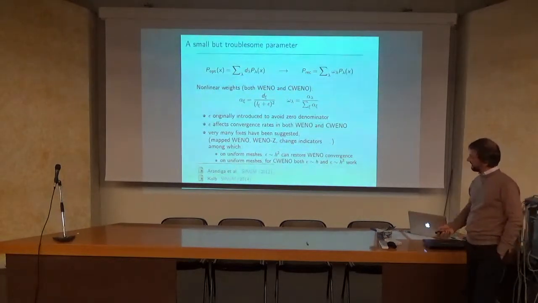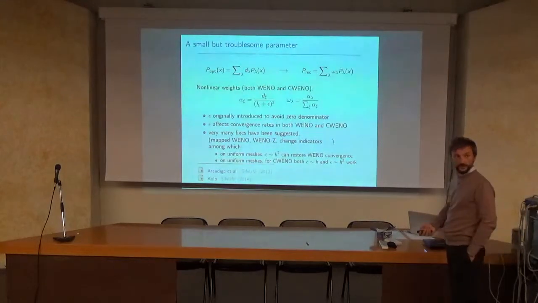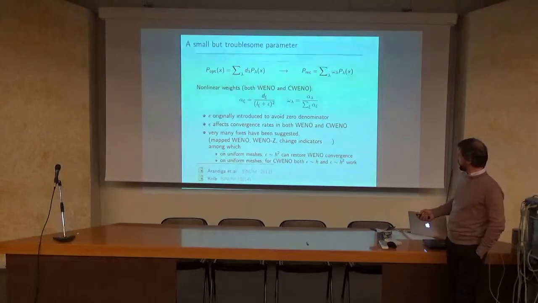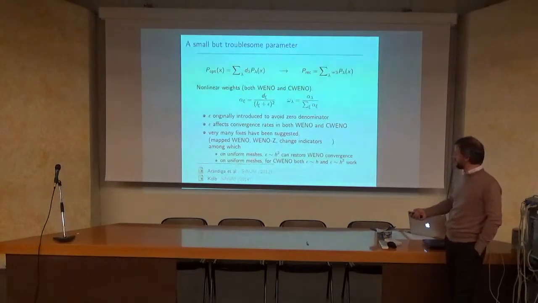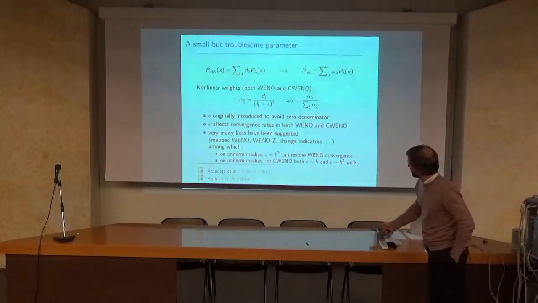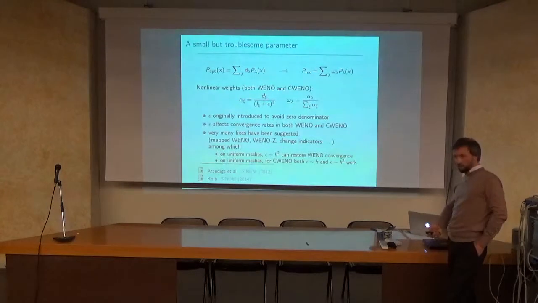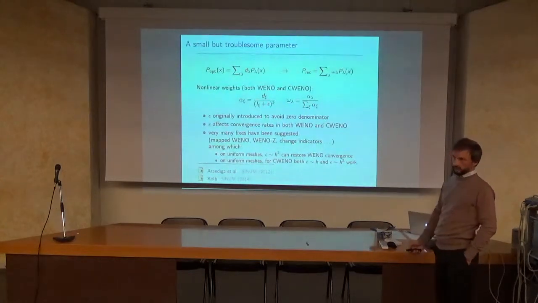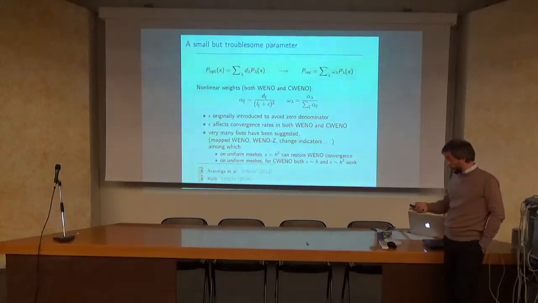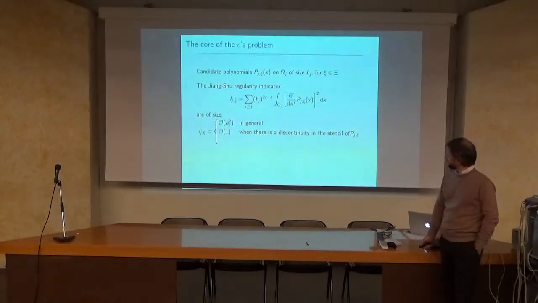The one that I decided to adopt in my schemes is an idea which is due to the group of Arandiga for the WENO schemes, and which was studied by Kolb in the context of CWENO, and those papers, however, are on uniform meshes. And so the idea is the following.